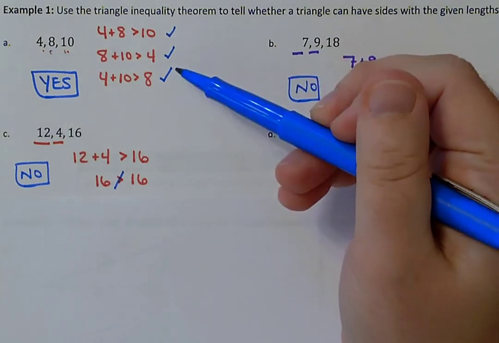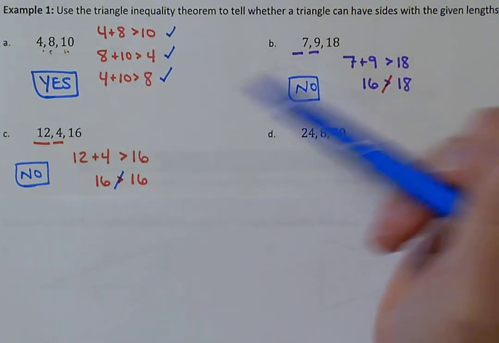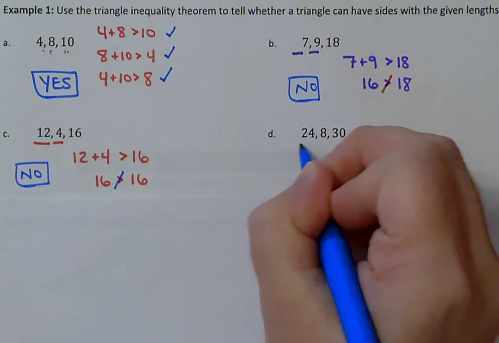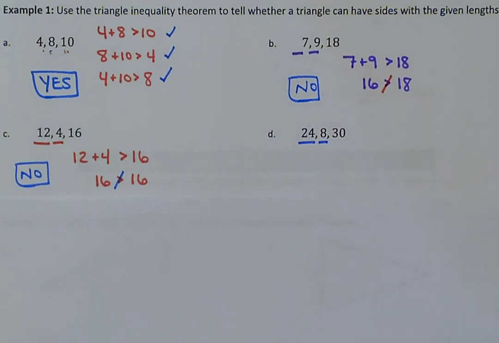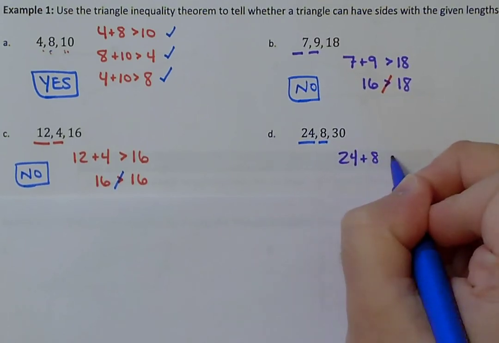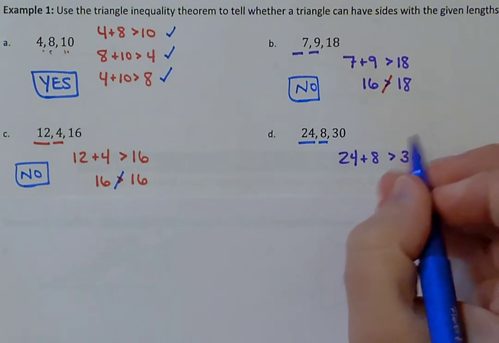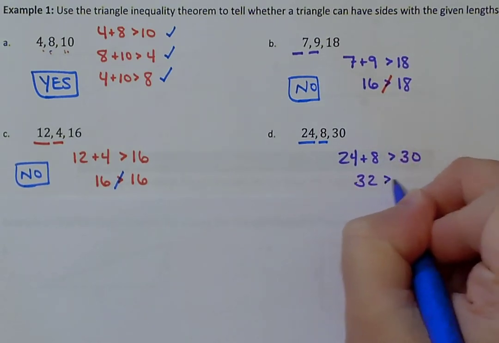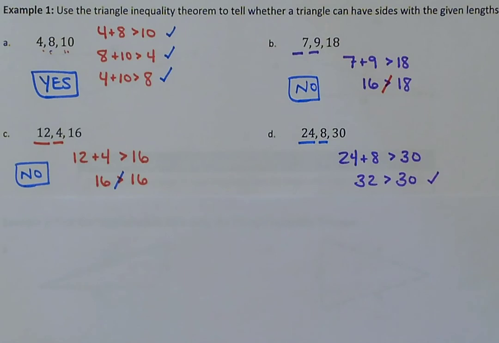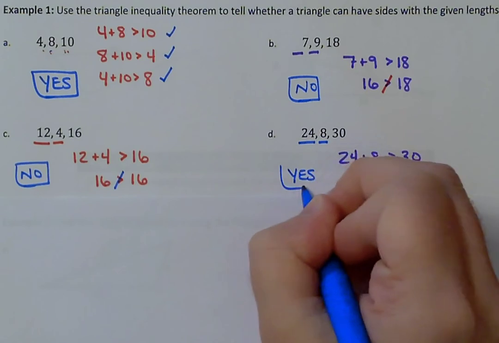If you prefer the longer way and it makes sense to you, by all means you can do it 3 times, but you really only need to do it once, by taking the smaller 2 numbers, in this case 24 and 8, adding them together, so 24 plus 8, to see if it's greater than 30. 24 plus 8 is 32, and 32 is greater than 30. So that means yes, these 3 form a triangle.